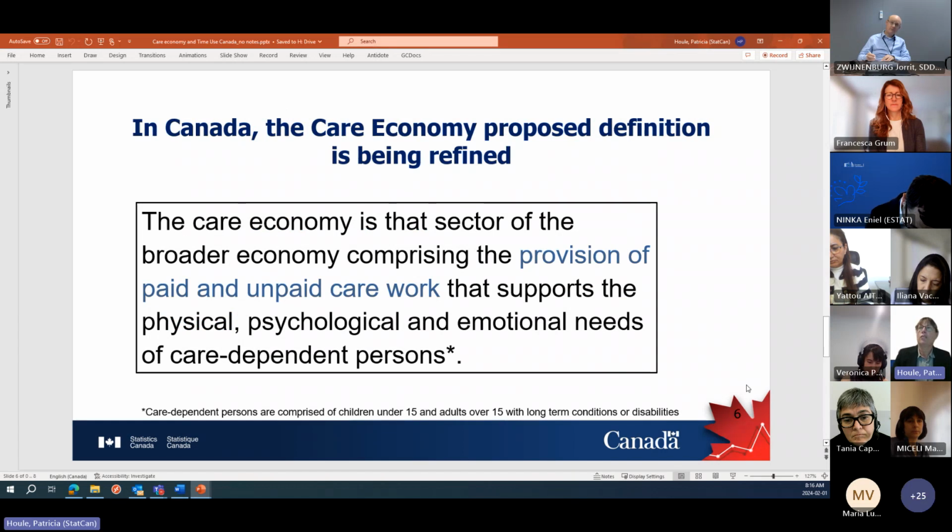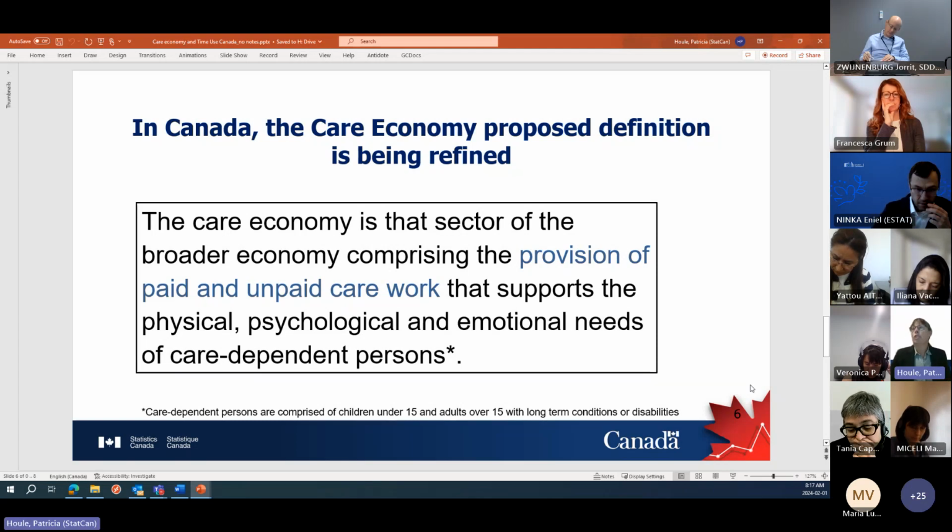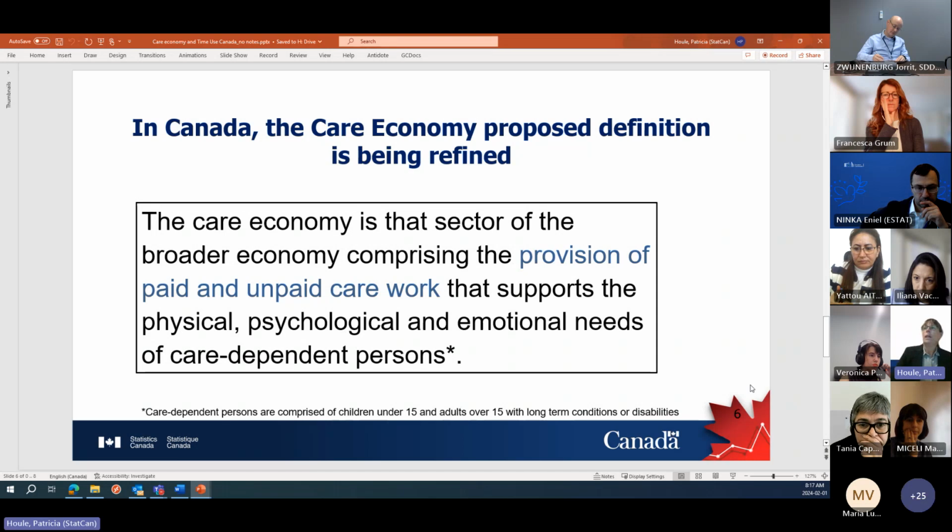In Canada, our definition of the care economy is very specific to care-dependent persons. Those are either children under the age of 15 that require care for their daily living, and adults 15 and older that require the same in order to fulfill their regular life and be able to participate in society.